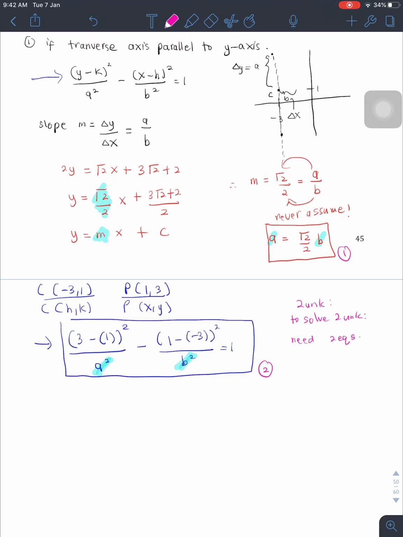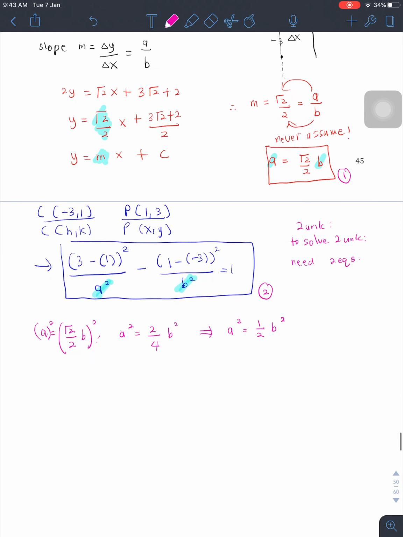So you know that a equivalent to root 2 over 2b. Basically, a squared is equivalent to, simply square both sides. Root 2 squared going to give you 2, 2 squared going to give you 4, b squared is b squared. Simplify, you're going to have a squared equivalent to 1 over 2 b squared.